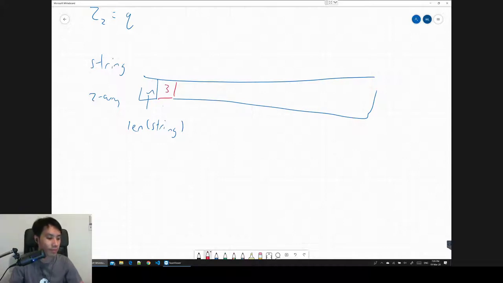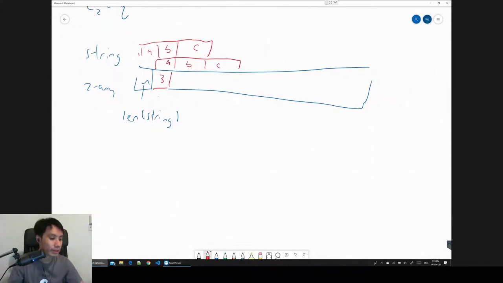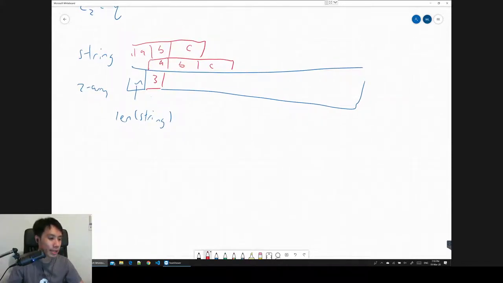Let's put 3. So what you know is the 3 alphabets here will be the same as the alphabets here. So if this is A, this will be A, this will be B, this will be B, this will be C, this will be C. But it's going to tell you something different, right? If the first letter is A and the second letter is A, it actually makes sense, right?